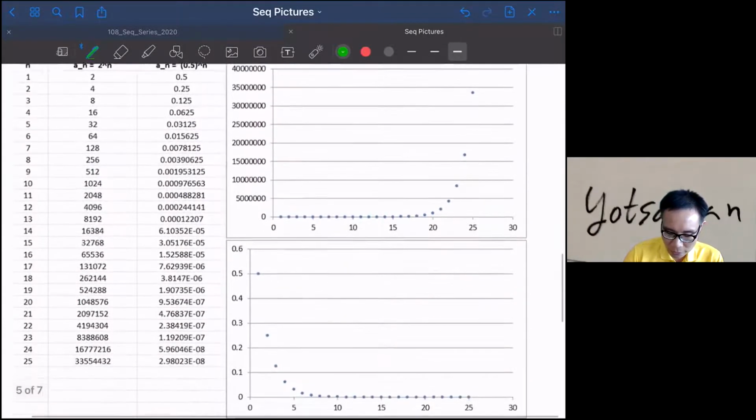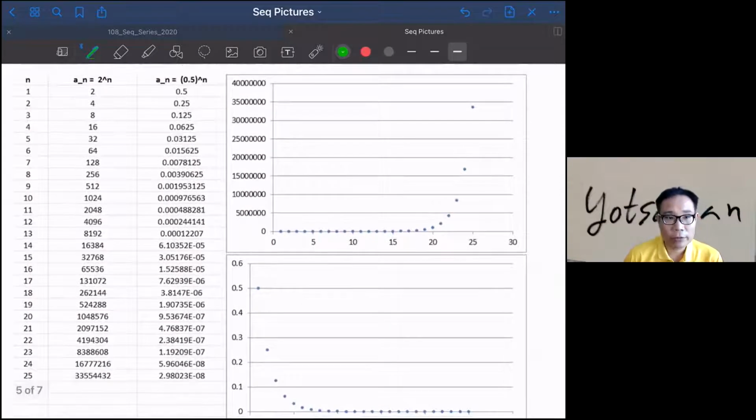And for these two, you have 2 to the n and 0.5 to the n. For y equal to 2 to the n, the picture is an increasing graph, and for y equal to 0.5 to the n, which is just (1/2) to the n, it turns out to be a decreasing graph.